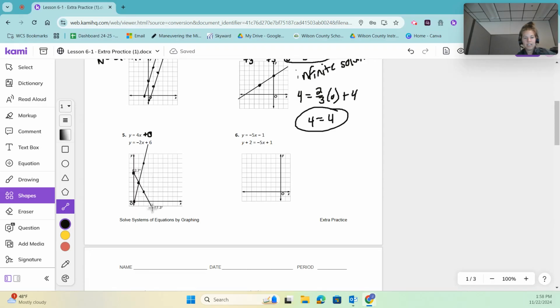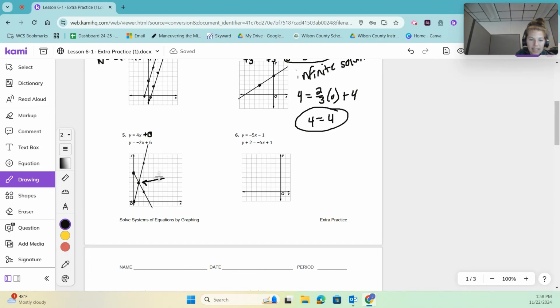And you can see our lines both cross at this ordered pair right here, which is positive 1, positive 4. Now if I substitute this ordered pair into both equations, I have 4 equals 4 times 1. Look, 4 times 1 is 4, so that makes that one true.